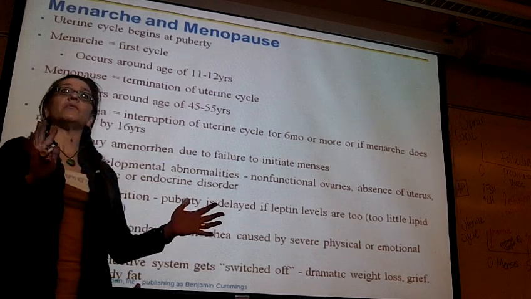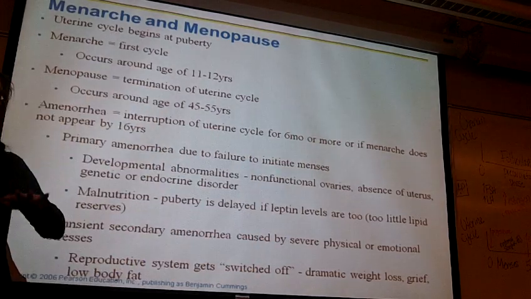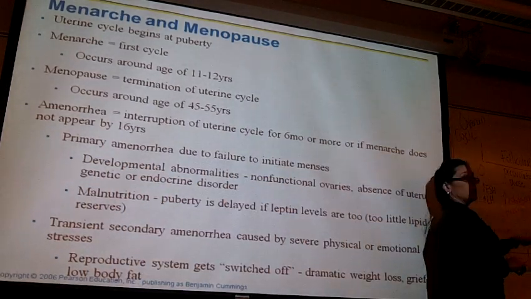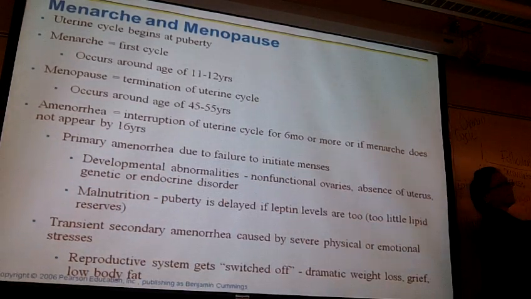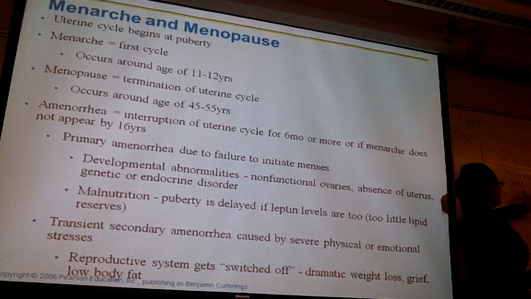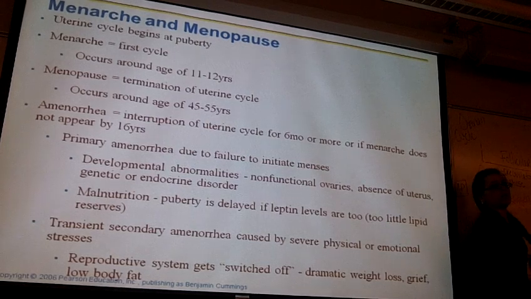So we're just not even going to release these hormones, or the hormone levels will stay very low. If FSH and LH levels stay low, then you won't trigger an ovarian cycle. And if you're not releasing enough estrogen and progesterone, then you won't have a menstrual cycle.